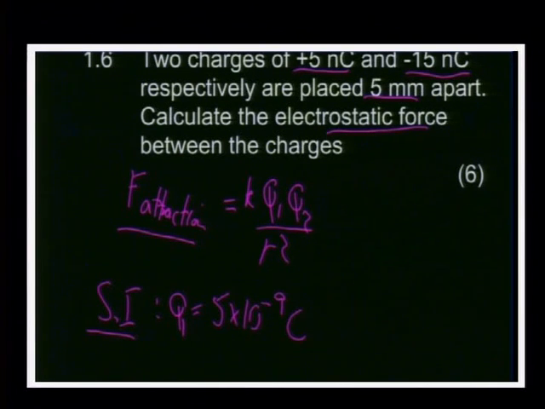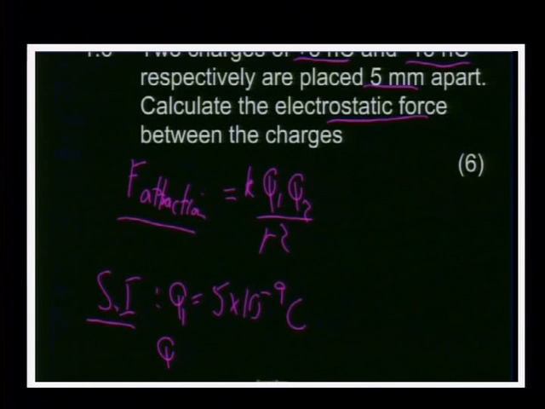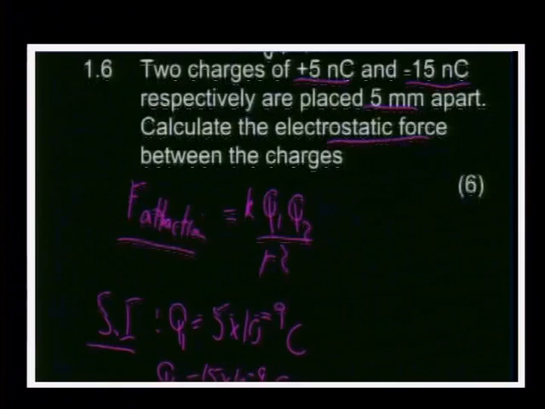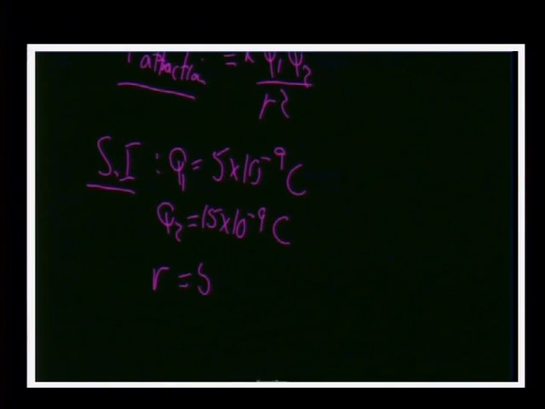I've just converted that from nanocoulombs. This one was minus 15, so Q2 is minus 15 times 10 to the minus 9 coulombs. Then the last thing we need, the distance between them, R, was given as 5 millimeters, so we're going to say 5 times 10 to the minus 3 meters.